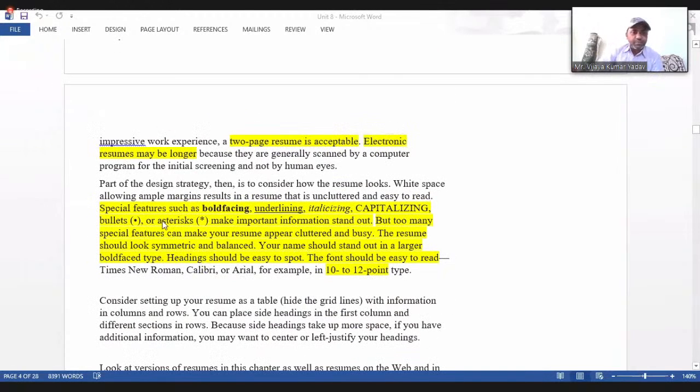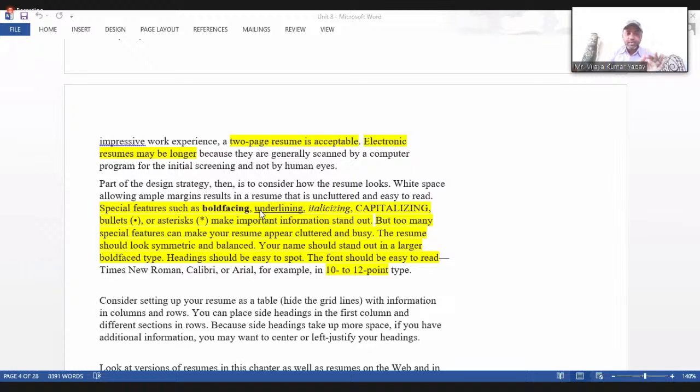Now here you have special features such as boldfacing, underlining, italicizing, capitalizing, bullets, asterisks, to make important information stand out. Okay. So if you are going to focus on certain information in a resume or in a job application, then you can use these features.